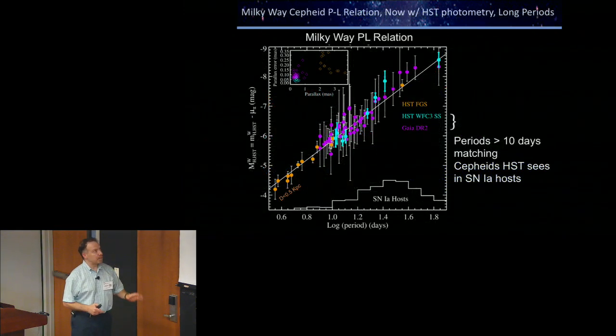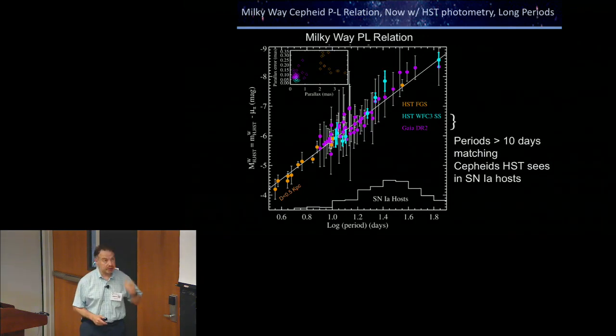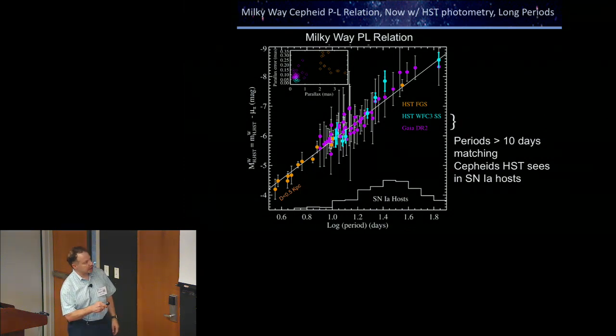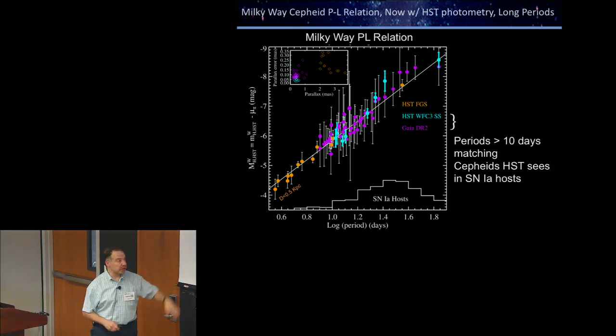So now, jumping ahead to where are we on calibrating the luminosity of Cepheids with parallaxes, there's now been 3 ways people have used. The fine guidance sensor on HST, which measures some of the nearest, shortest period Cepheids, and then these 2 techniques that I've talked about measuring more distant ones. And this is expected to improve quite a bit when Gaia Data Release 3 comes out.